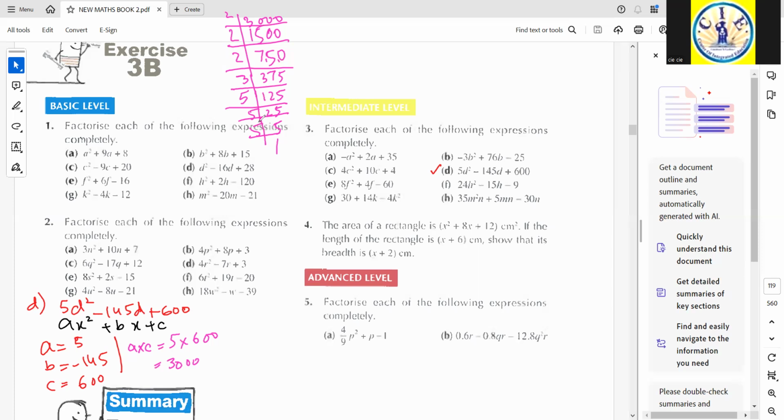Okay, if you just see, 2 twos are 4, 4 twos are 8, and 8 threes are 24.